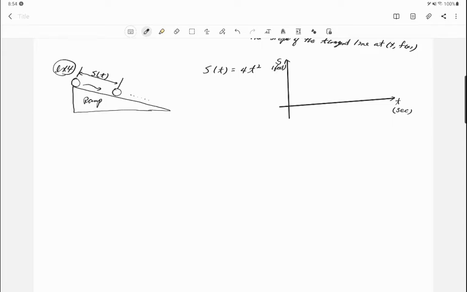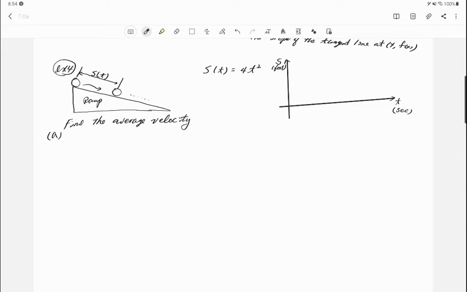All right, so in this case, we want to find the average velocity of the ball for each time interval. What is the speed? Speed is miles per hour, like 35 miles per hour.